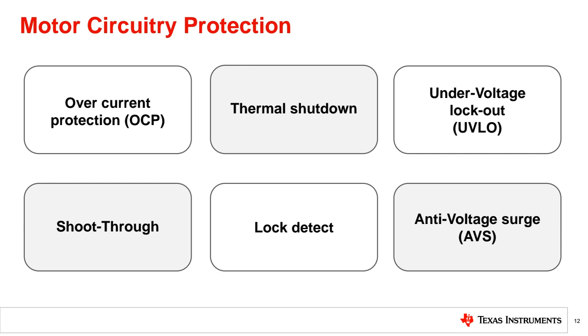What's overcurrent? Sometimes it is called OCP. Overcurrent protection stops motor current from crossing the rated limits. For example, you can define a maximum current level for your motor, 10 ampere.